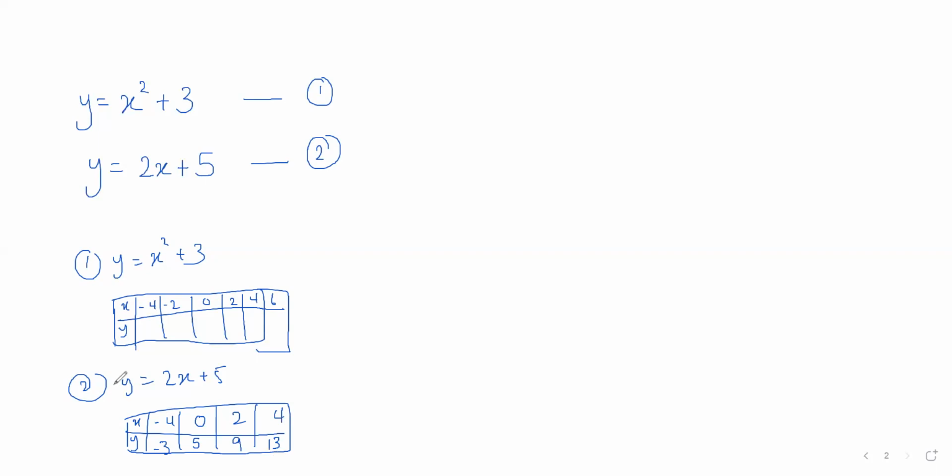Then over here we'll have 3 here. 2 squared is 4, 4 plus 3, 7. I'm not going to use this because it's quite big and it's very hard to draw. 7 and 19. All right, so now we can draw a graph.